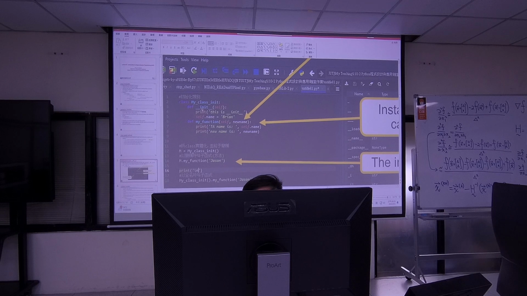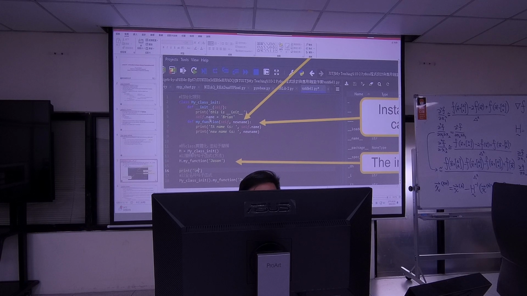Okay, so over here, you know the initialization method will be run all the time. It will be at the first time when this class is being utilized, then it will run the initialization. So over here, you print out some sentence, and you define a self variable, and you can also use this object-oriented method to have some parameter inside self.